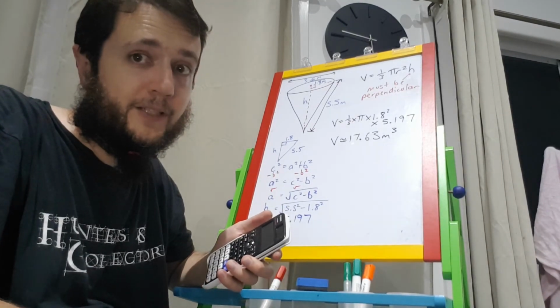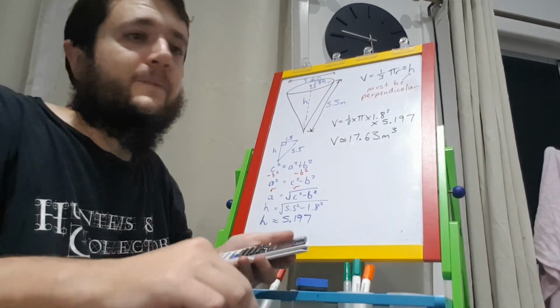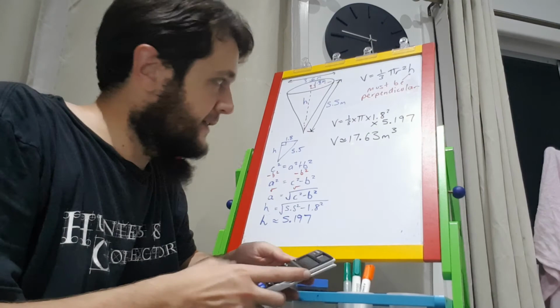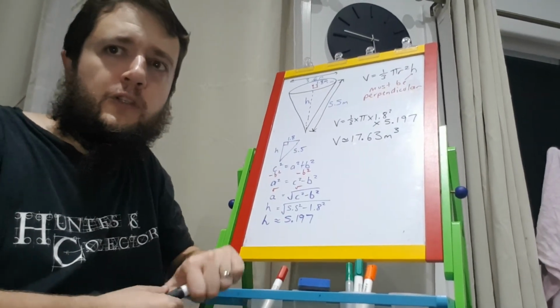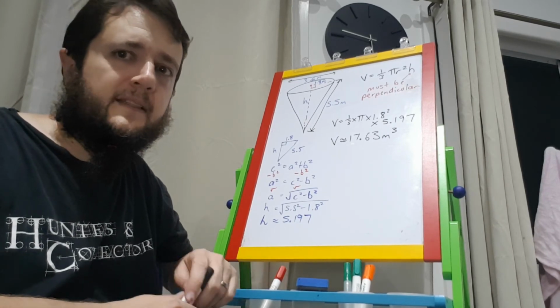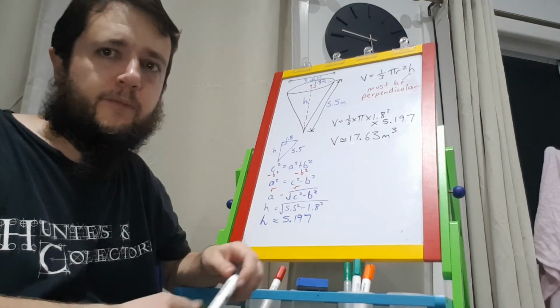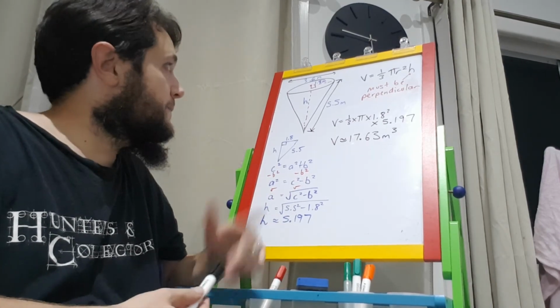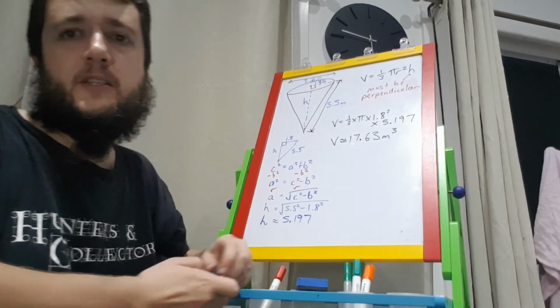Hopefully I did that right in the last question too. Were you paying attention? So that's it for today, ladies and gentlemen. You need to be able to work out the volume of pyramids and cones. In both cases, they are 1/3 their equivalent prism. In the case of the cone, it's 1/3 pi r squared height.